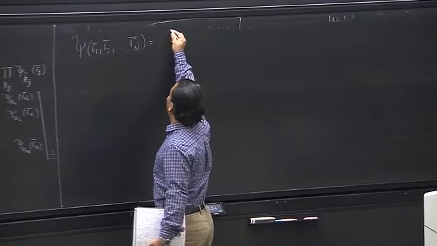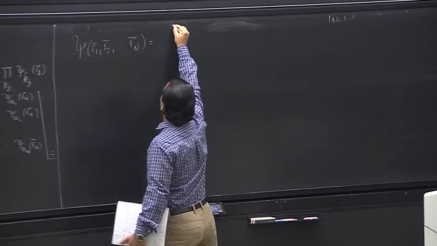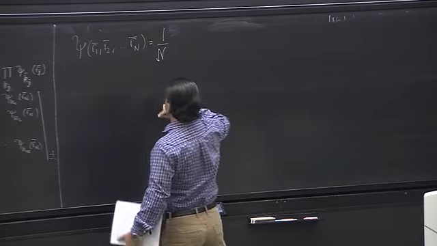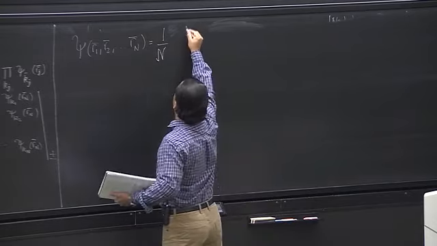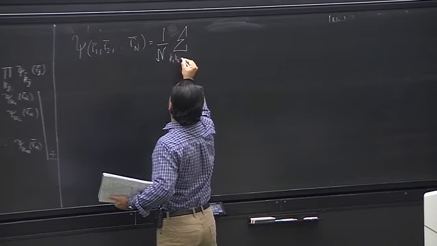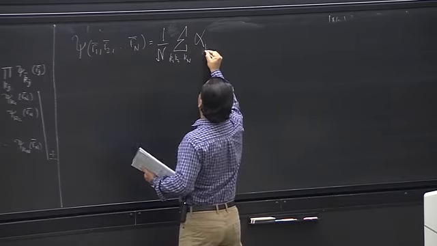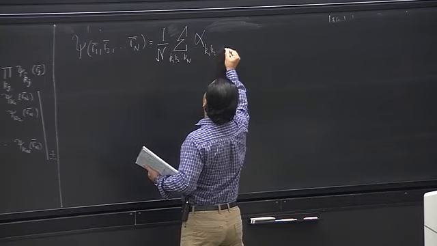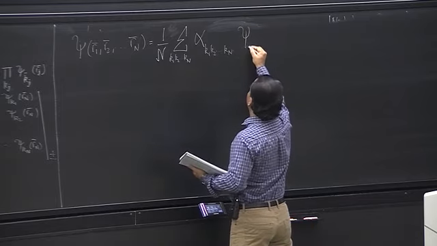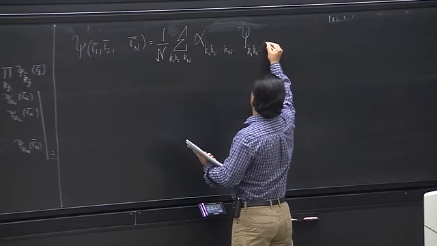In principle, I can write it down as, let me write down the expression, some normalization factor, let me just denote it by n, times the sum over all quantum numbers k1, k2, kn, of some coefficient, which I call alpha, k1, k2, kn, times the single ket k1, k2, kn.